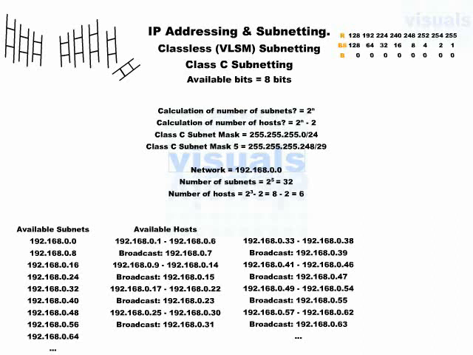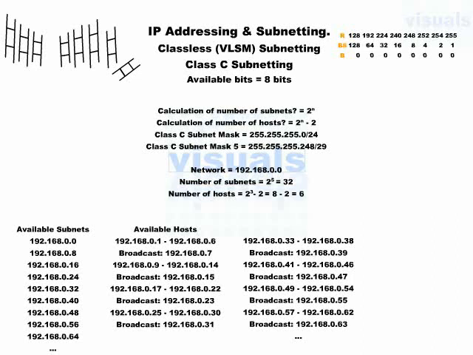How many hosts are we getting from 3 bits? 2 into 2 is 4, 4 into 2 is 8, and by deducting 2 we are getting 6 valid host addresses for each subnet, and there are 32 subnets. For each subnet we are getting 6 valid IP addresses for hosts.